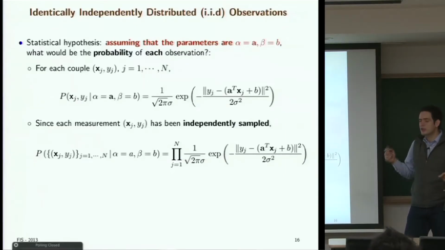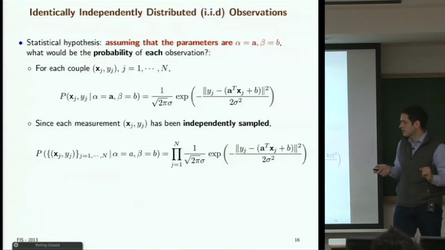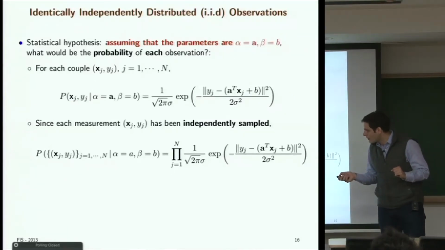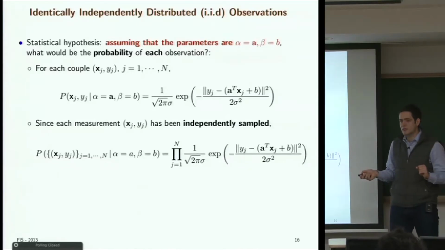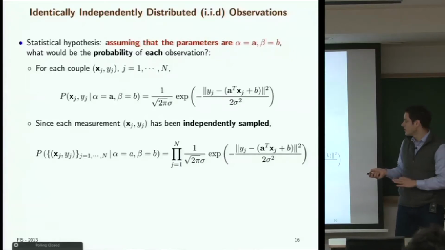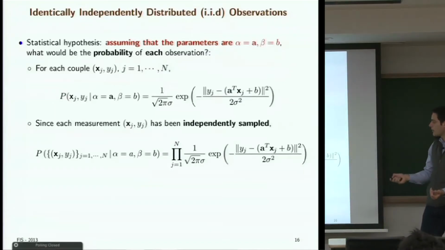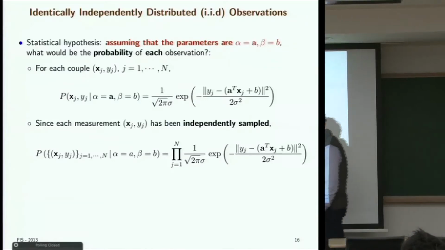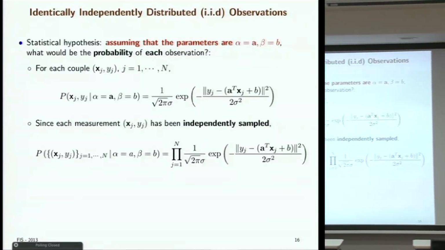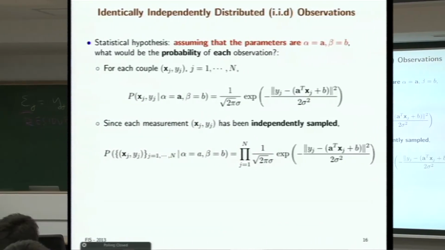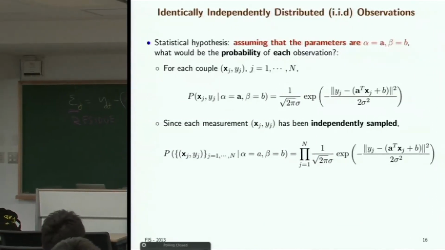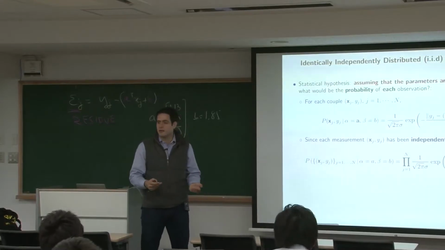If you know that the sample is IID, identically independently distributed, then you know that the probability of the whole database only depends on the probability of each individual measurement. Meaning the probability of seeing such a sample of points is just the product of the probabilities of each individual point. Okay? So this is the other assumption that a statistician needs to make in this case. The data is generated with a linear model, alpha and beta, and the data is independent.